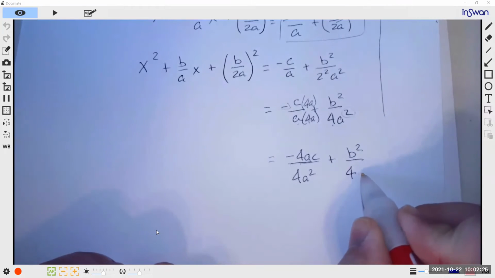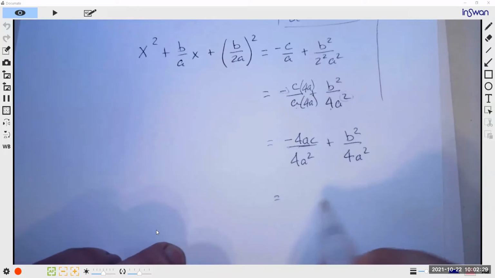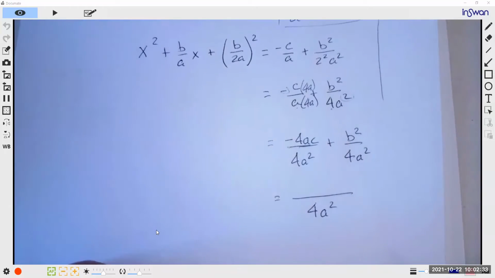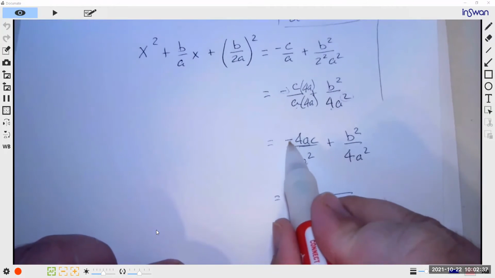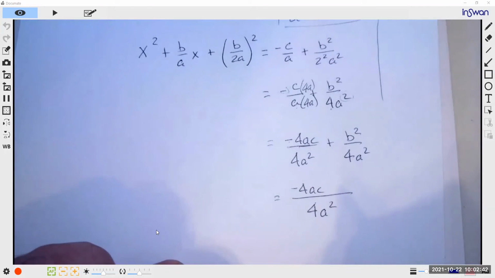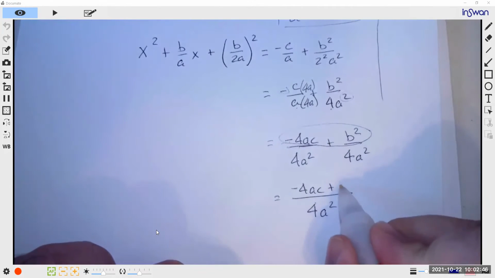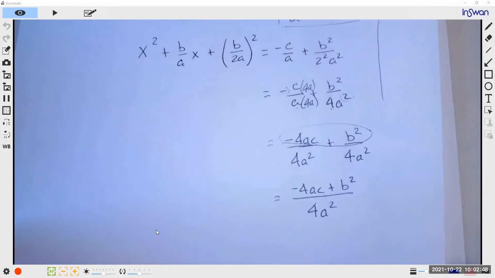Plus b squared over 4a squared. Now we have a common denominator, so we just put it over the same denominator. So we have negative 4ac plus b squared. Now that's one number.